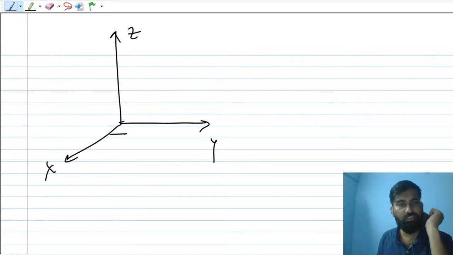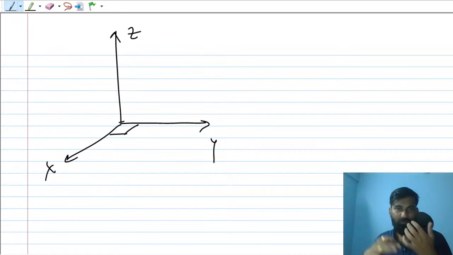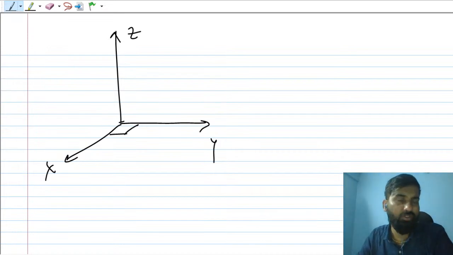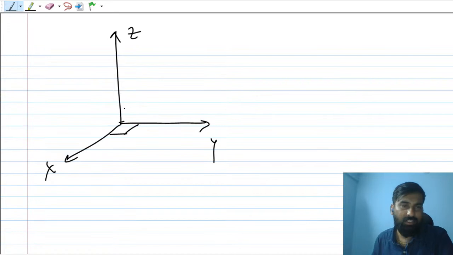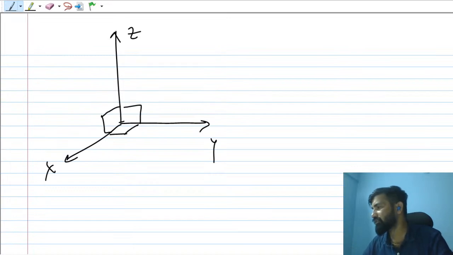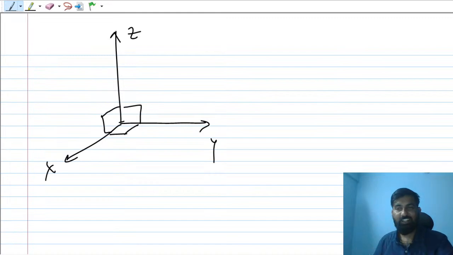You see that they are perpendicular to each other when going from x to y, so they are orthogonal. The z and y are orthogonal too. This is the meaning of orthogonal.